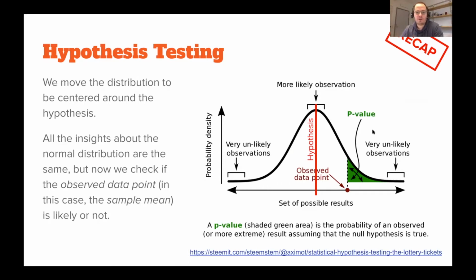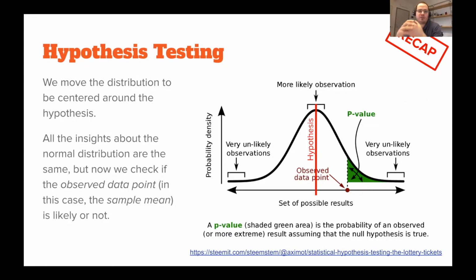And then we say, okay, given that we have this distribution, given that we have this information about what are likely values that we would observe if we repeated this experiment many times, what is the probability then that I would have actually observed the specific data points that I did observe, like the sample mean that I observed?